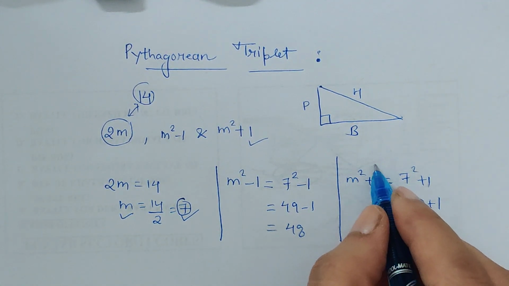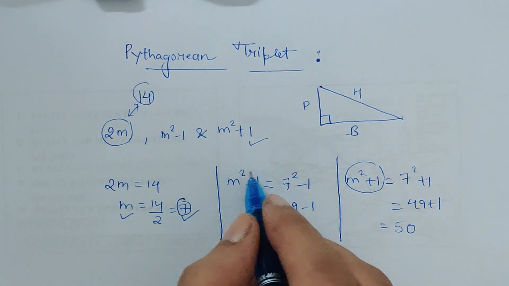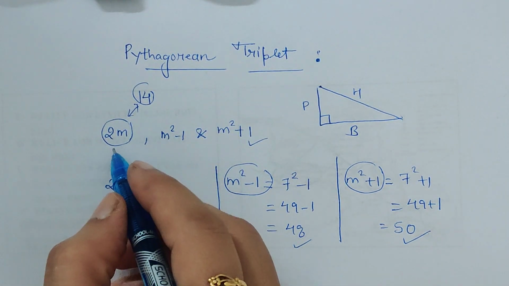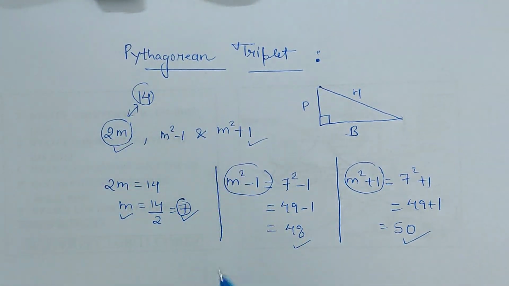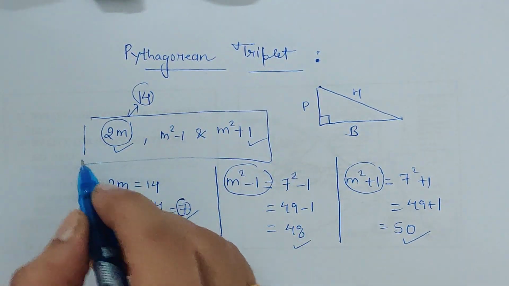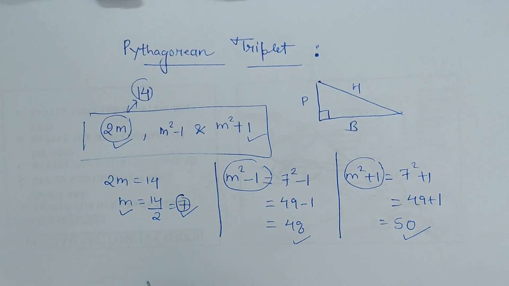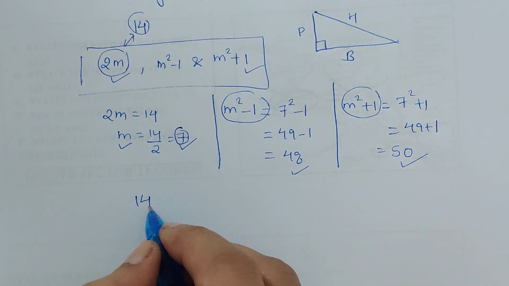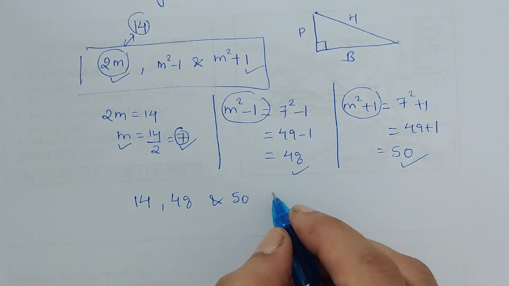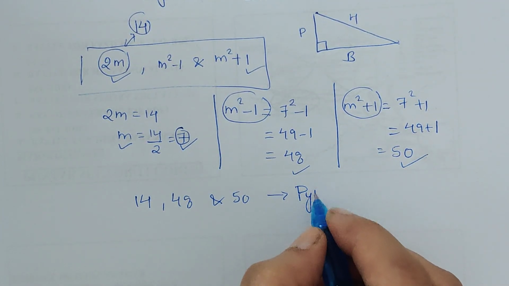So the values of m square minus 1, which is 48, and m square plus 1, which is 50, and the value of 2m, which is 14, form the Pythagorean triplet. This is called a Pythagorean triplet. So the answer is 14, 48 and 50 form the Pythagorean triplet.